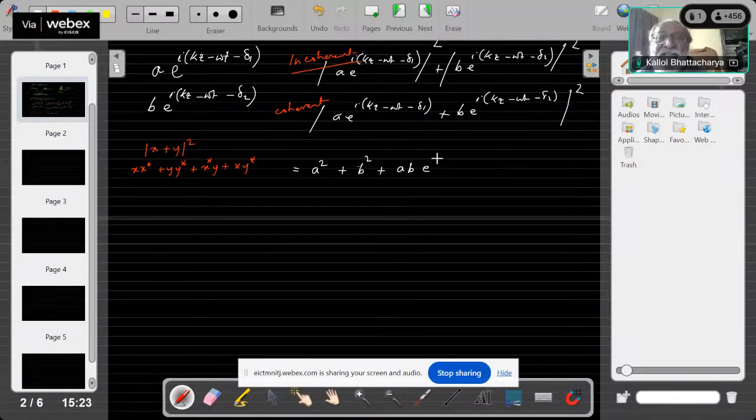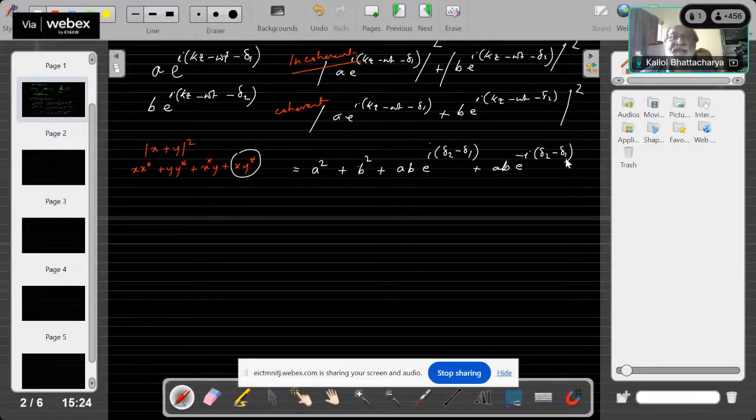So kz minus omega t will cancel out, and you will be left with i into delta 2 minus delta 1. And for this part, we'll have plus AB into e to the power minus i into delta 2 minus delta 1.